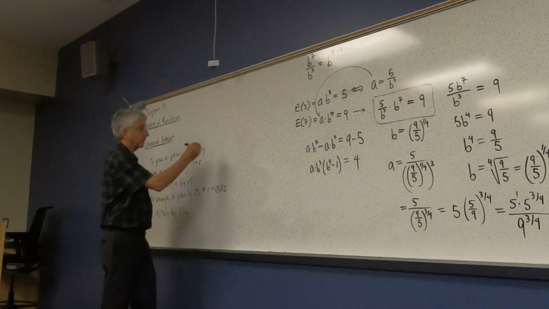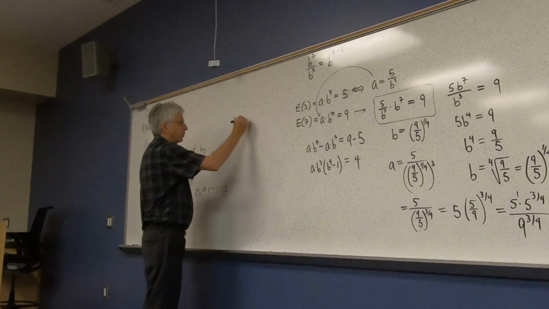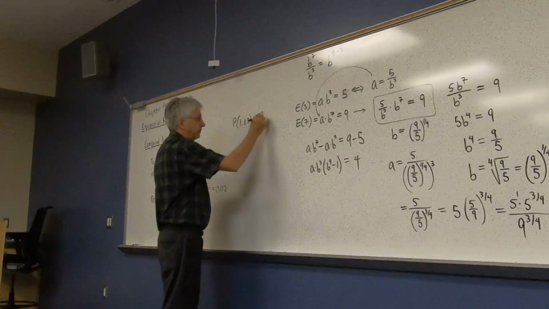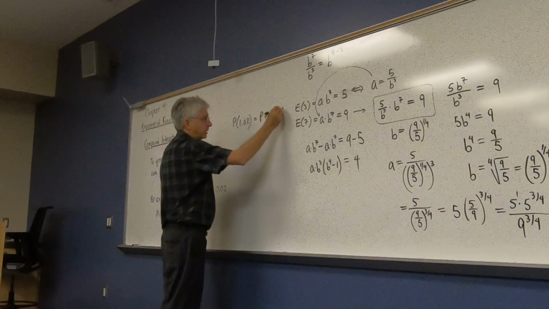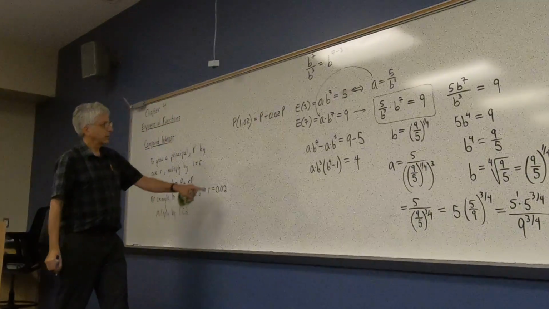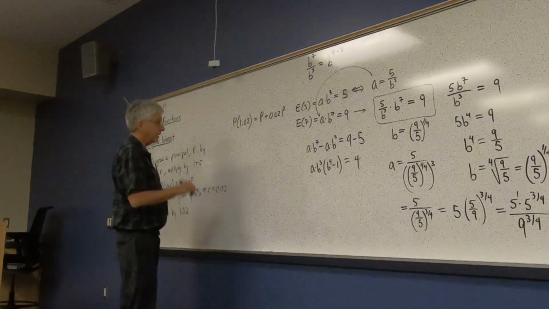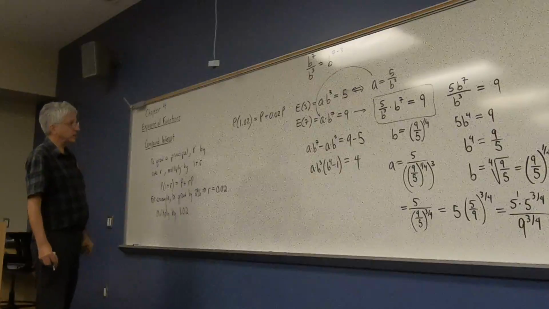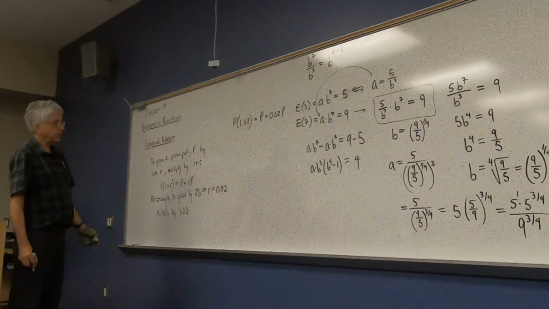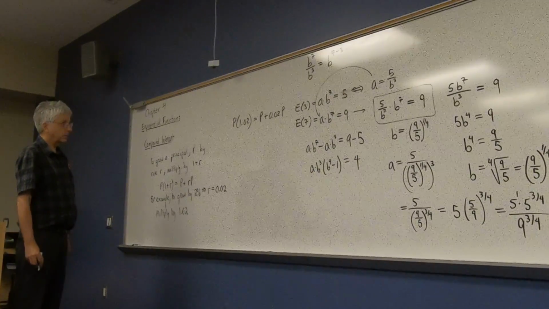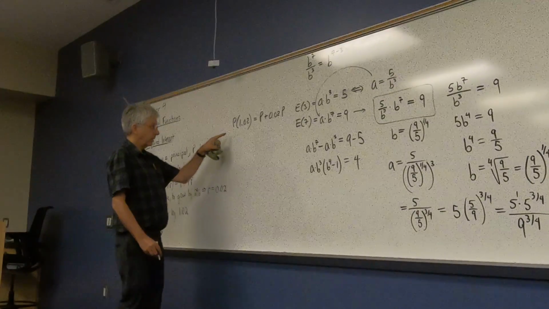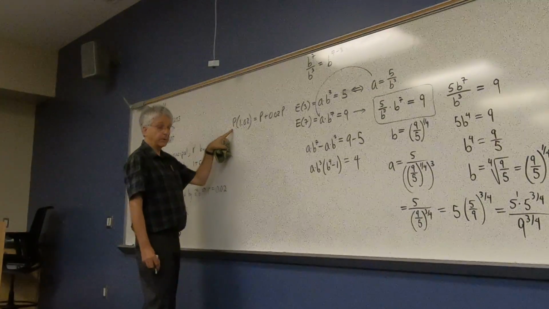So P times 1.02 is your initial P value plus 2% of P. So you've got what you started with plus the amount of growth. Okay, so if you want to do that twice, say over a 2-year period, you take what you had at the end of 1 year and grow it by 2%, right?